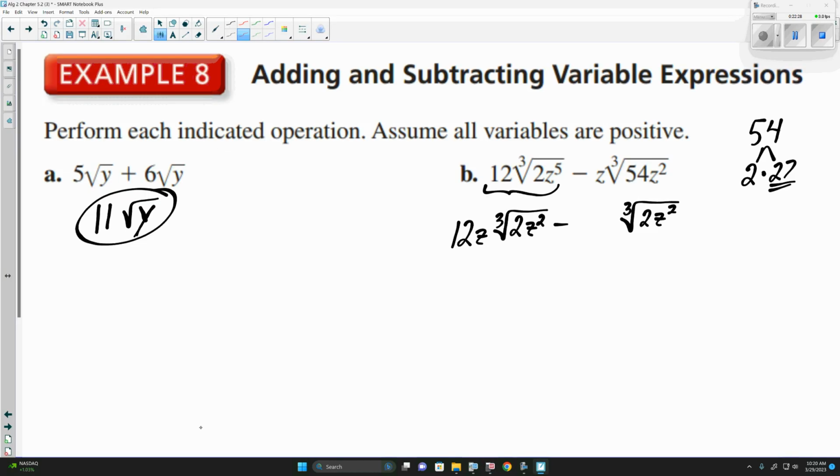So that means the 3 will come out. And if there's another number in front of the radical, we would multiply them together. But since there's not, it's just going to be 3z. Questions on this here? Any questions on how we simplified this down?